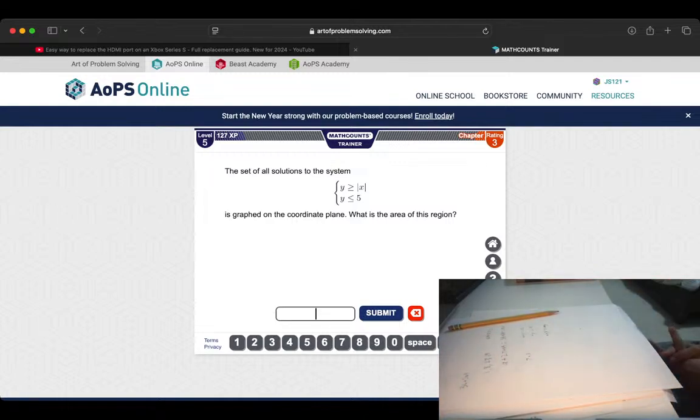The set of all solutions to the system, y greater than or equal to the absolute value of x. So that just means the top half.